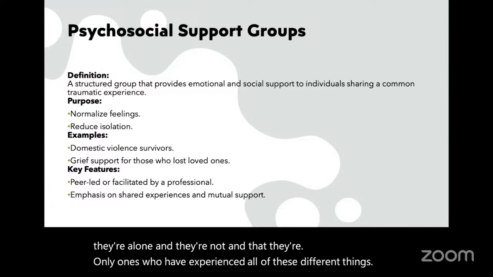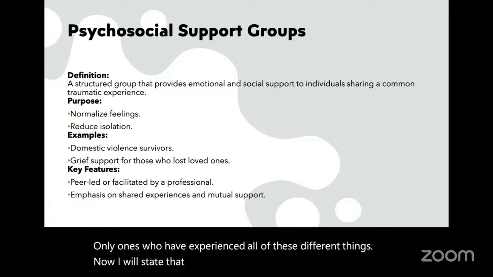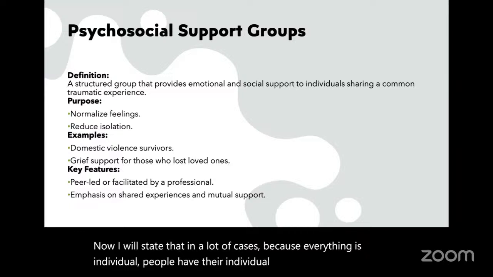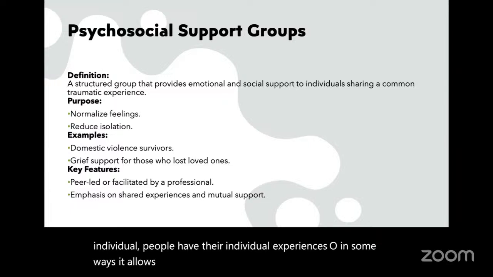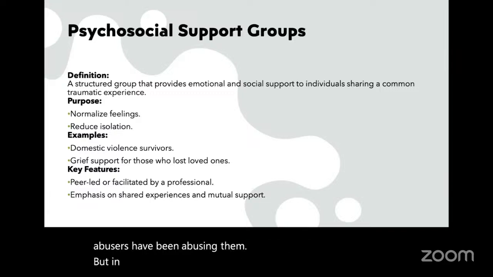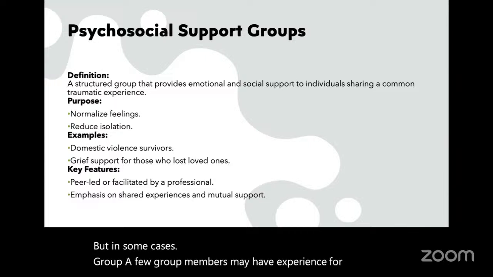Now, I will state that in a lot of cases, because everything is individual, people have their individual experiences. So in some ways, it allows other group members to realize different ways their abusers had been abusing them. But in some cases, a few group members may have experienced, for example, financial abuse.